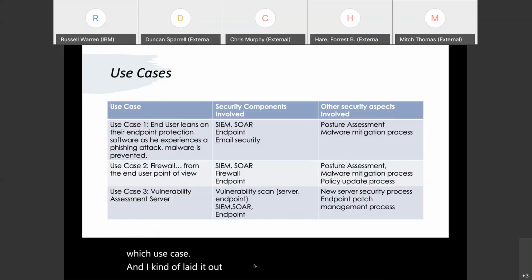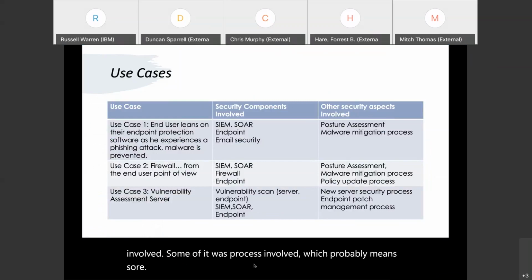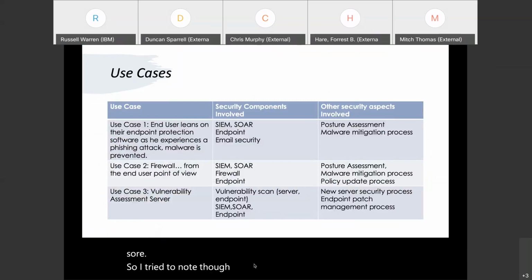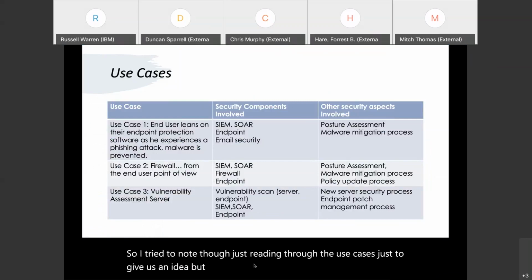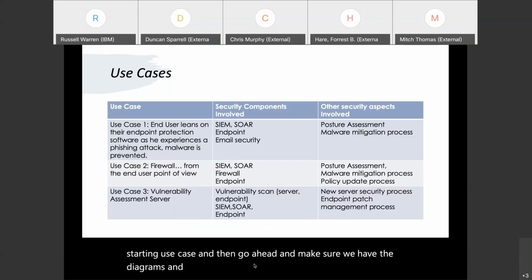Some of it was components involved, some of it was process involved, which would probably mean a SOAR. So I tried to note, just reading through this, what I think we ought to discuss in this call: which use case we should pick as a starting use case, and then go ahead and make sure we have the diagrams and documents focused on that scope to start. Are you guys okay with that kind of approach?